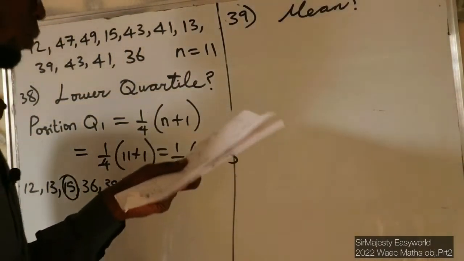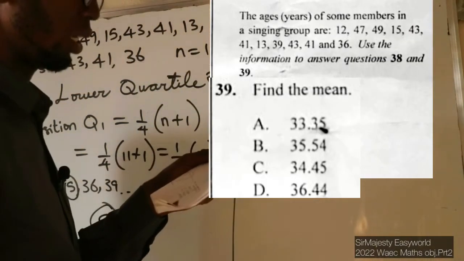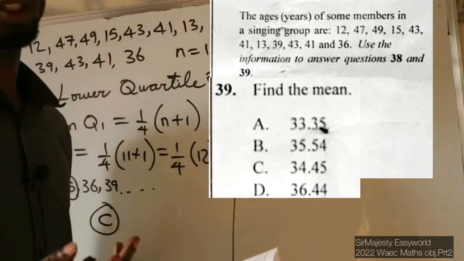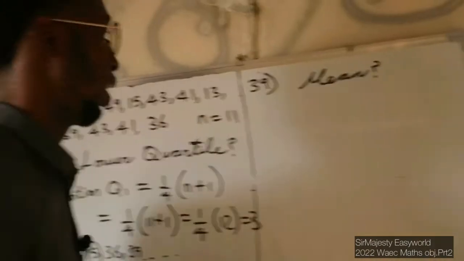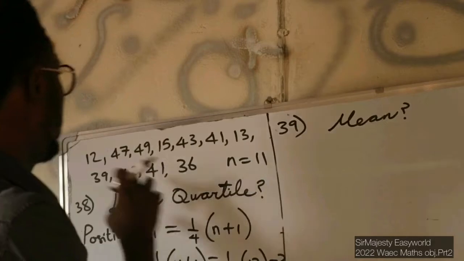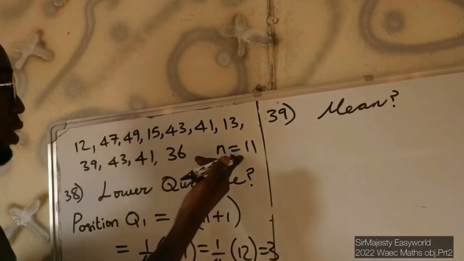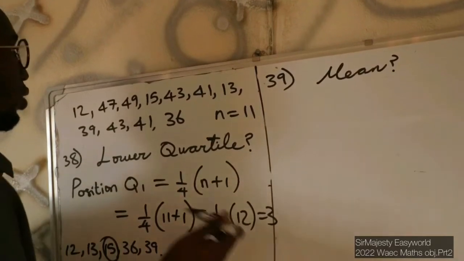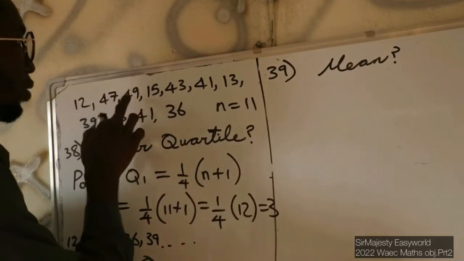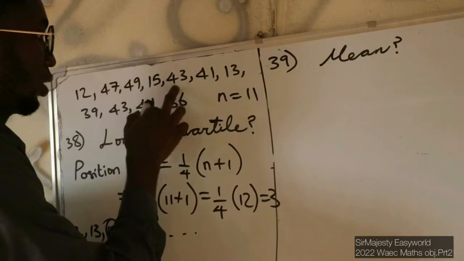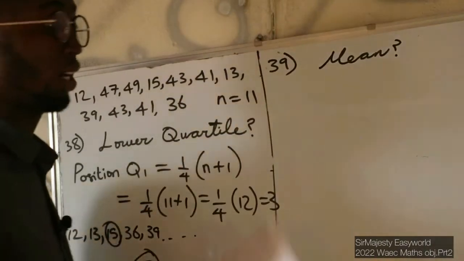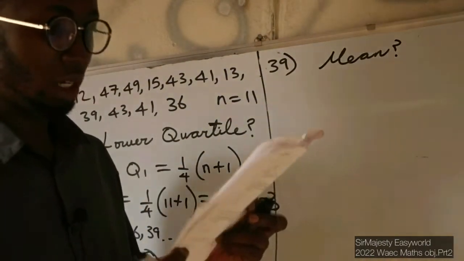Now for question number 39, we are asked to find the mean of these values. Mean, sometimes called average, how to find the mean is we simply add these numbers together and then we divide it by how many they are, which is 11. So we are going to do 12 plus 47 plus 49 plus 15 plus 43 up to 36 and then divide it by 11 to get the final answer.